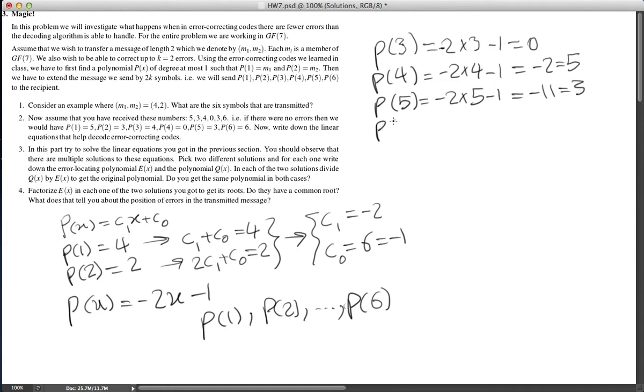And then p of 6 is just minus 2 times 6 minus 1, which is minus 13, which is just 1. So the message that we send is going to be 4, 2, 0, 5, 3, and 1.